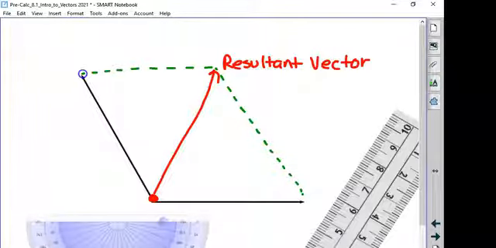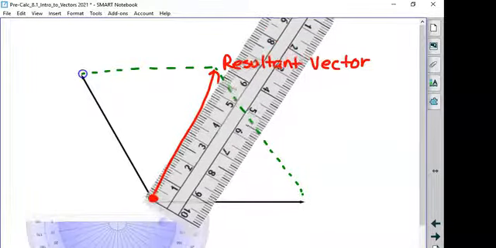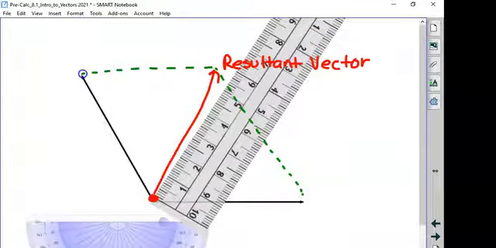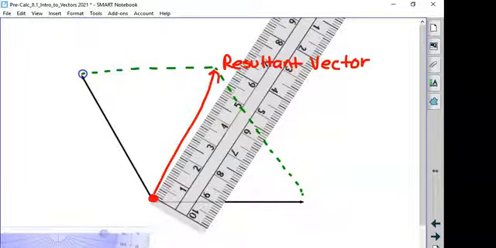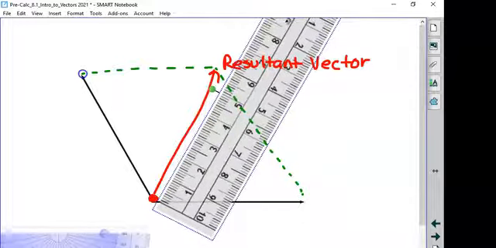Okay? Now, magnitude is the length, right? Again, we won't be measuring with a ruler and a protractor from now on, but again, we're just trying to get the concept. But if I were to take a ruler here and measure, let's try in centimeters.